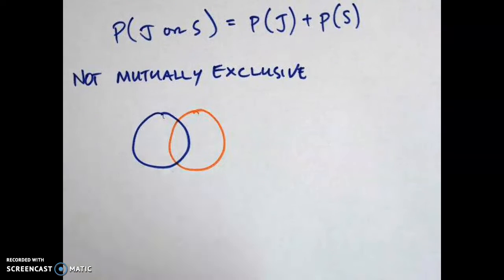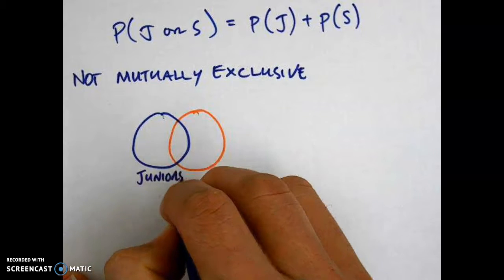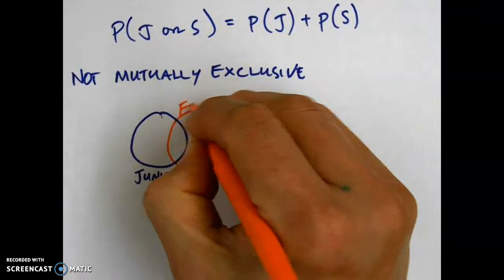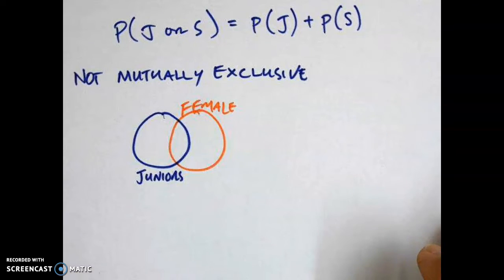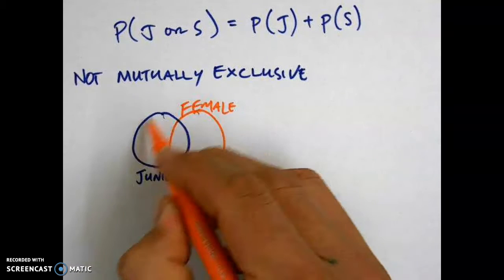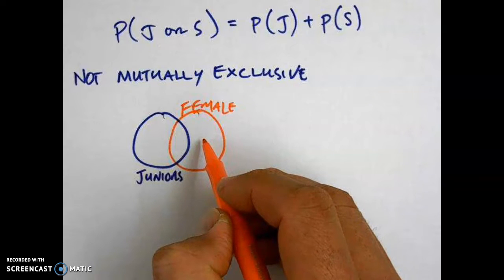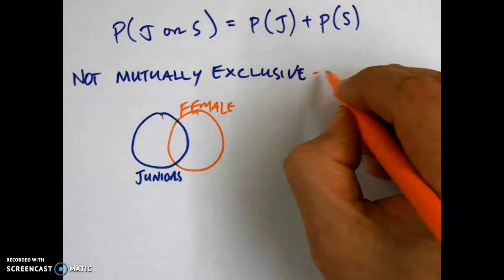So for example, you could have juniors and you could have female. So all the juniors will be in here, including males and females. The females will be in here. And over here will be the females that are not juniors. Okay, so this is overlap. So not mutually exclusive, there's overlap.